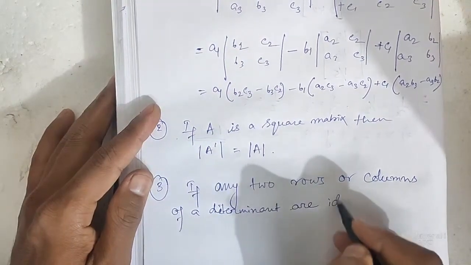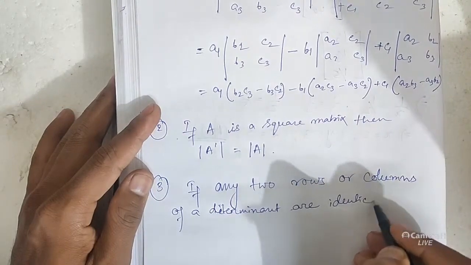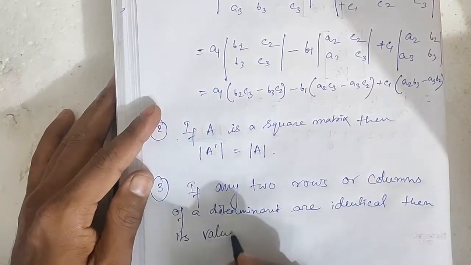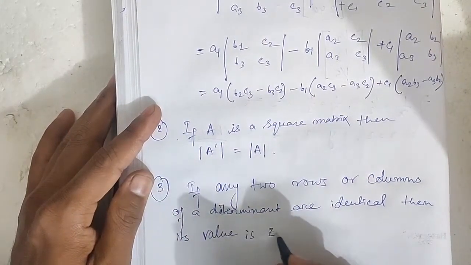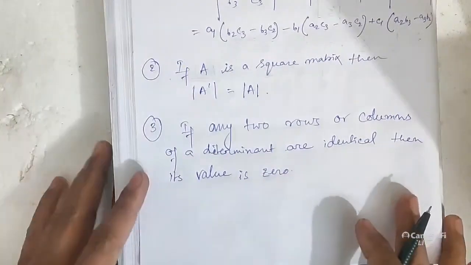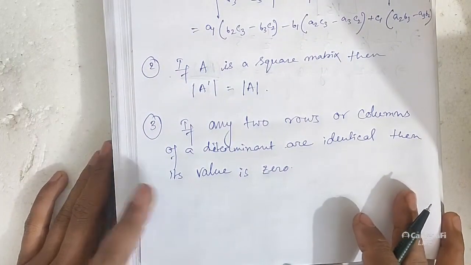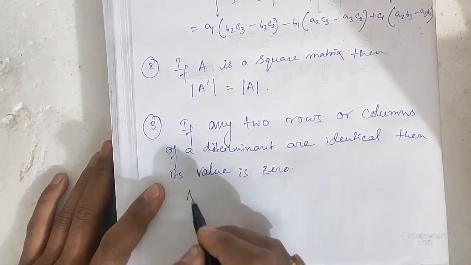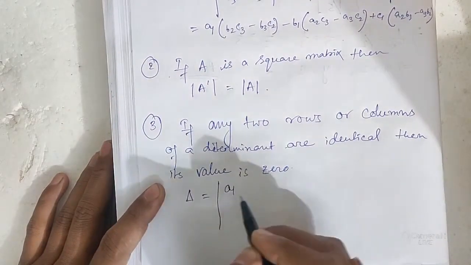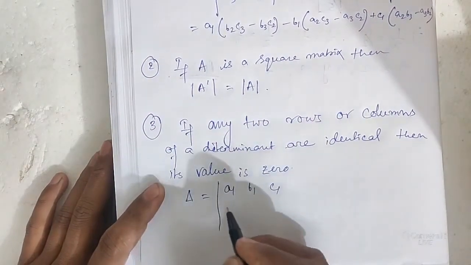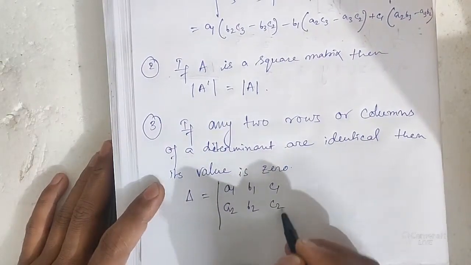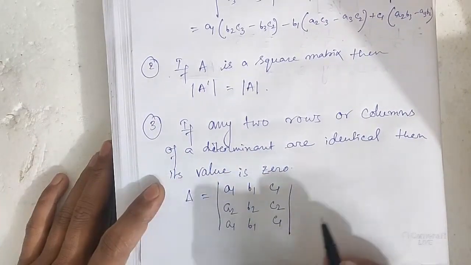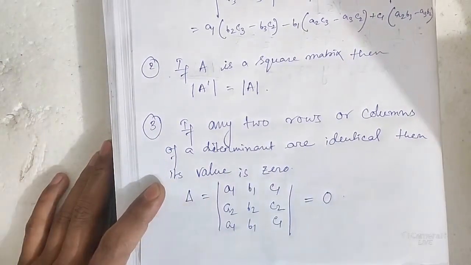Identical means same. Any two rows or columns, if identical, then the value will be 0. That means if the determinant is a1 b1 c1, a2 b2 c2, a1 b1 c1, row 1 and row 3 identical, so this is equal to 0.